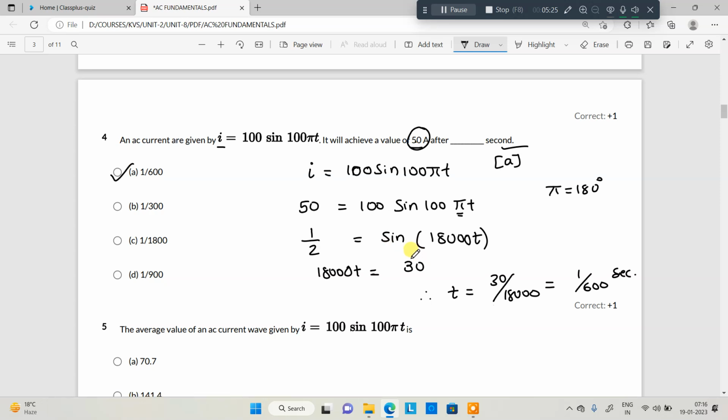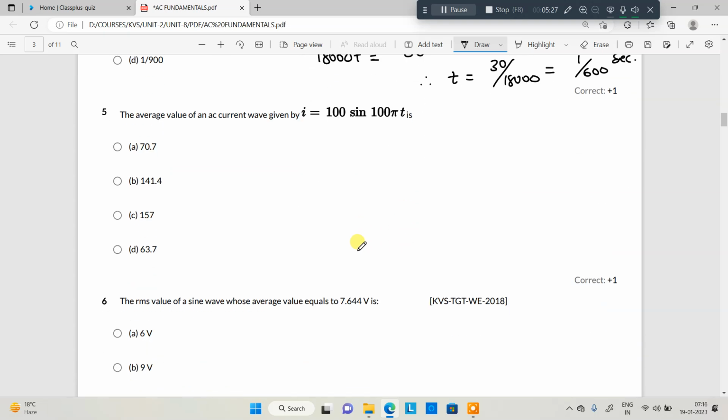Okay. Next, the average value of AC current I. They are asking about the average value. You know, I gave some derivations of average value, RMS value, form factor and peak factor in our theory class, right? So from that I know the formula for average value: I average is equal to 0.637 into Im.